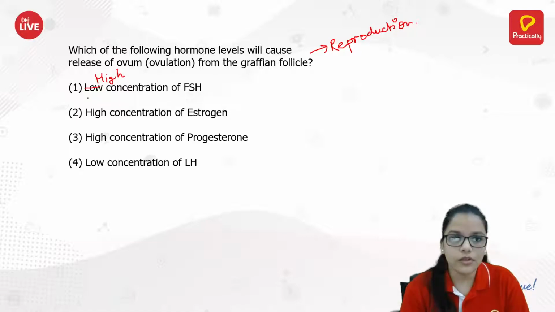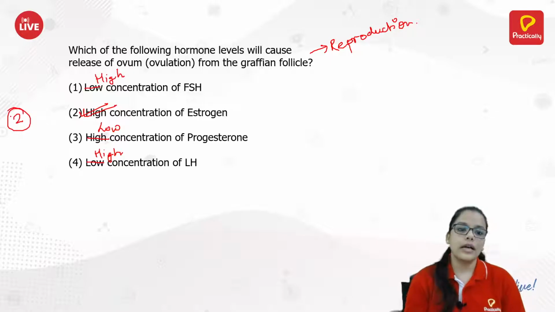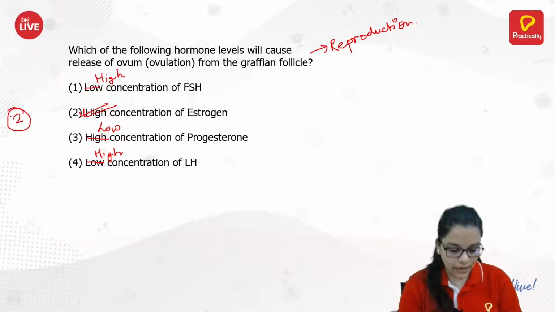Higher concentration of estrogen, this is right. High concentration of progesterone, no, we need low concentration of progesterone. Low concentration of luteinizing hormone, no, we need higher concentration of luteinizing hormone. So the answer is 2, the high concentration of estrogen. If you have any doubts, please let me know.